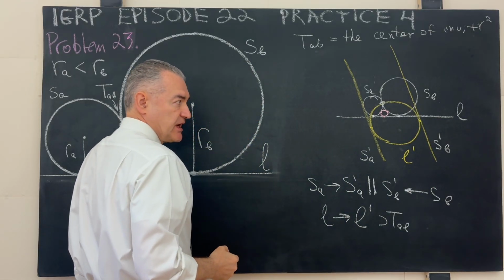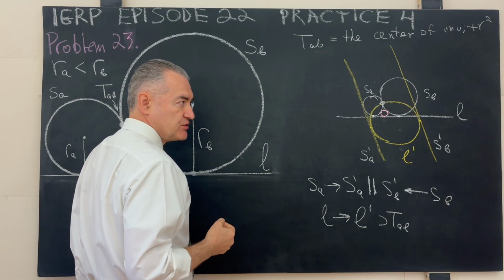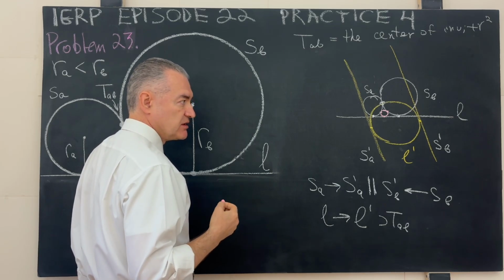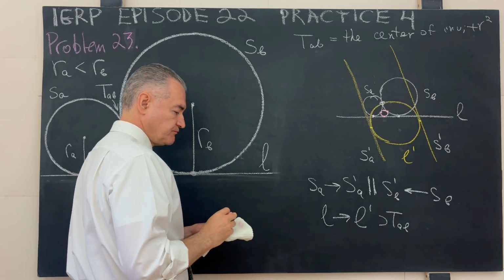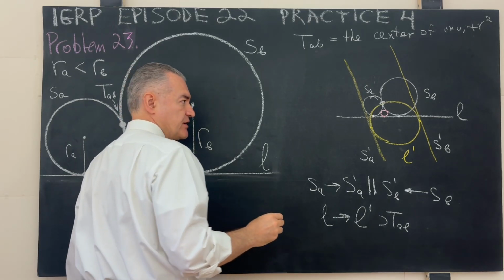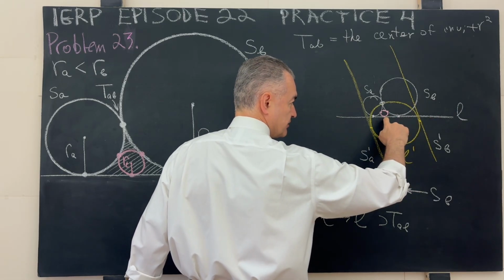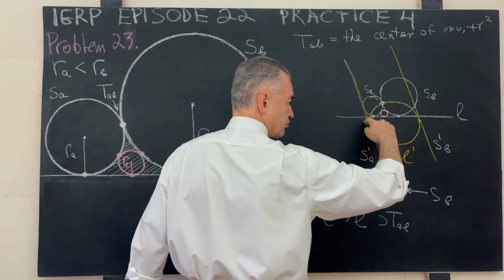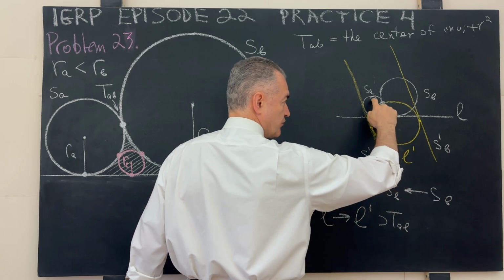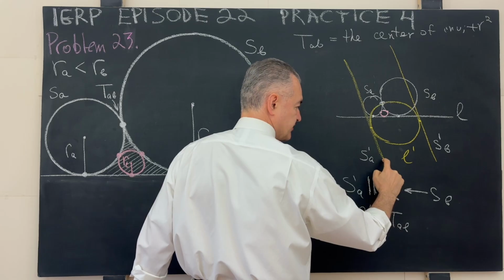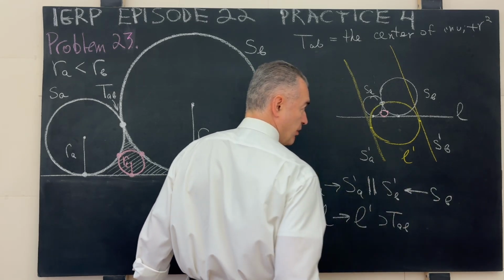So what kind of observation can we make that will, in a sense, unlock the solution of this problem? Well, the observation that we make here is the following. The image of the straight line is the circle L prime. The images of the circles SA and SB are the straight lines S prime A and S prime B that are parallel.